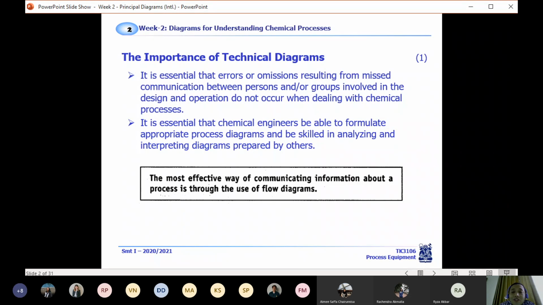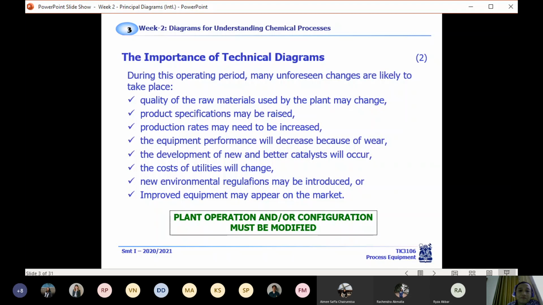That's also important, and we will learn it. So we can conclude that the most effective way for communication and information between chemical engineers is through the flow diagram. I think this slide is very clear about the importance of a technical diagram.